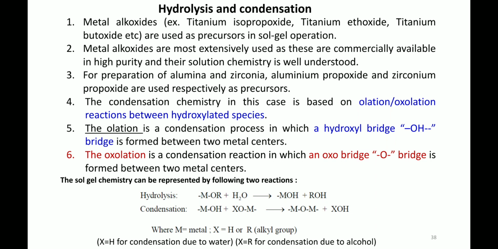So what you can see is MOR plus H2O. What is the final product? MOH plus ROH. So there is an OH group, and this process is called hydrolysis. Basically MOR breaks into MOH, so the metal and the alkyl group get separated from each other. This happens with the help of a water molecule, so we call this hydrolysis.